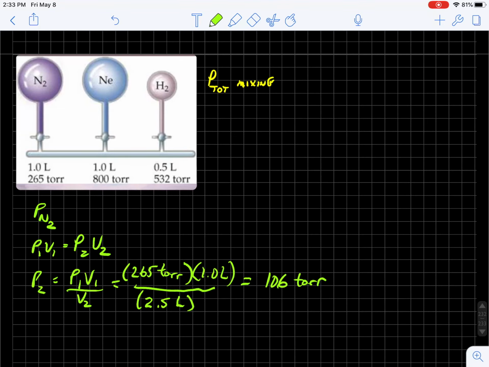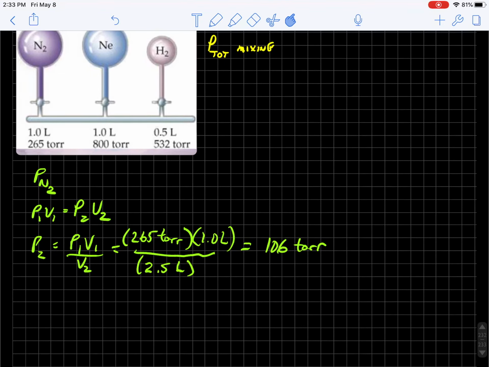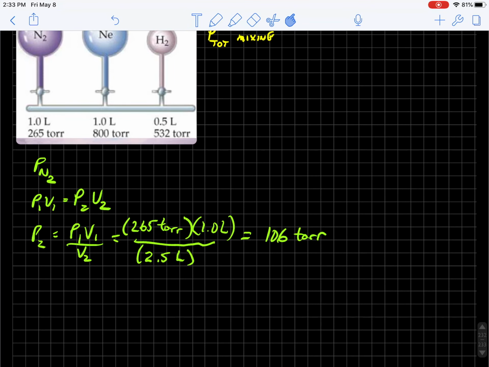And now we're going to do the same thing, except that we're going to do it by analogy, and we'll do it for neon and for hydrogen. Okay, so first neon. So new partial pressure of neon. We don't have to rewrite any of the equations. We can just substitute in. 800 torr.